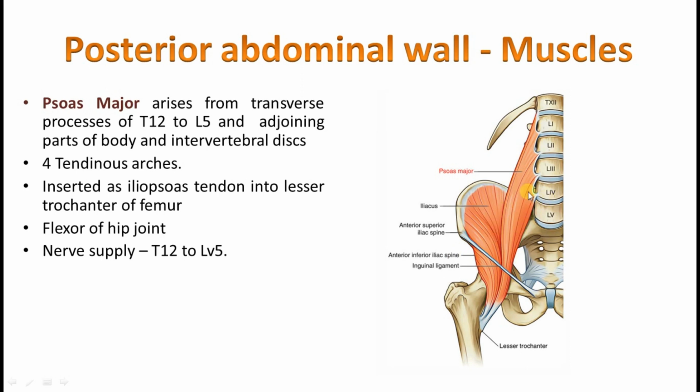The psoas major is covered by the psoas fascia and iliacus muscle is covered by the iliac fascia. So some books refer to it as iliopsoas fascia also. This fascia passes deep to the inguinal ligament as the posterior wall of the femoral sheath, covering the upper 4 centimeters of the femoral vessels.